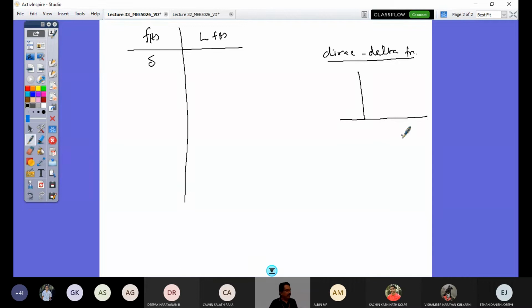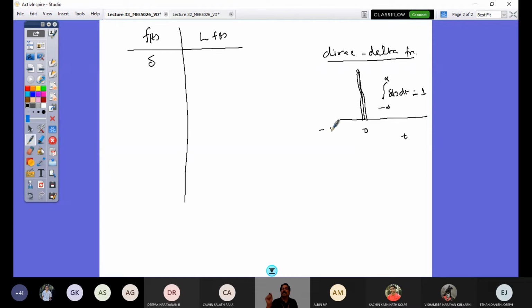If I integrate the Dirac delta function from minus infinity to infinity with respect to t, that is going to be 1. That is how it is defined. At t equal to 0, I give a pulse, and the integral from minus infinity to infinity of it is 1.